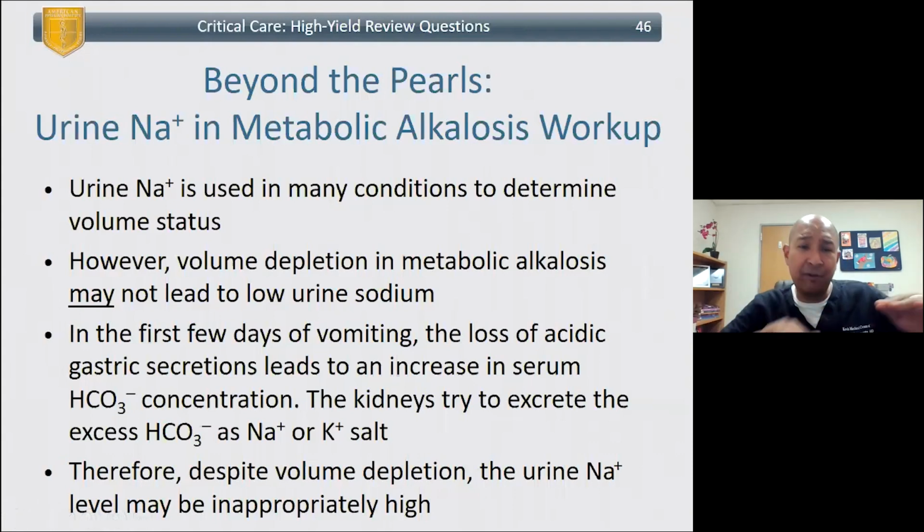And why is it not going to be helpful? Because of that pesky pump. What is that pump again? The sodium hydrogen pump. Because when you have a metabolic alkalosis, what do you want to do initially? Dump out the sodium. So what do we use instead as a surrogate marker for volume status in the setting of a metabolic alkalosis? Urine chloride. And that is the take-home message.